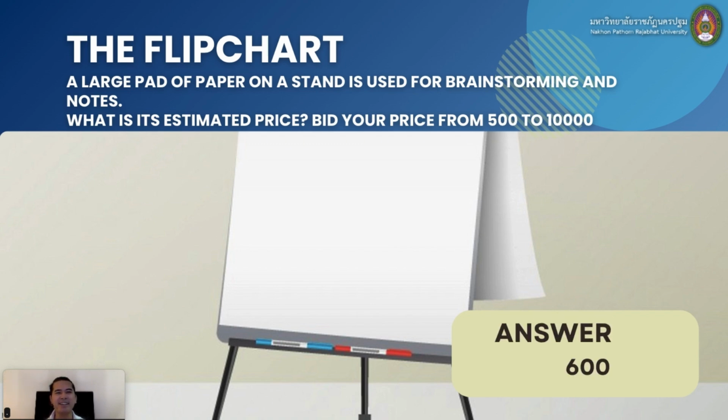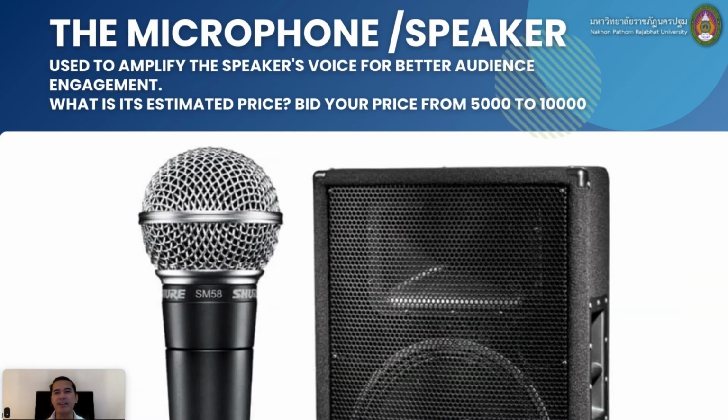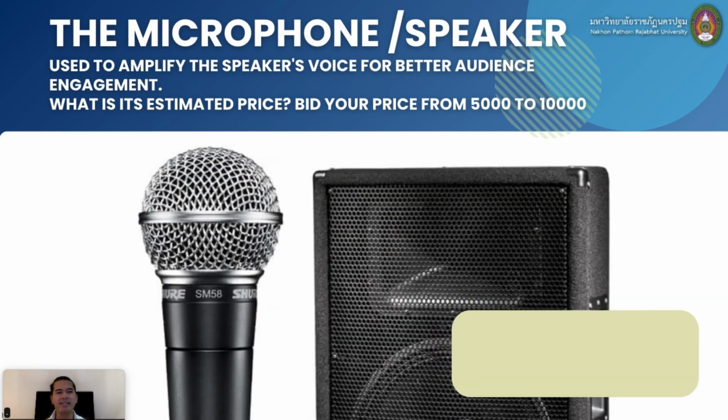All right. Let's go now to the microphone and speaker. This is used to amplify the speaker's voice for better audience engagement. What is its estimated price? Bid your price from 5,000 to 10,000. The price is 9,200.